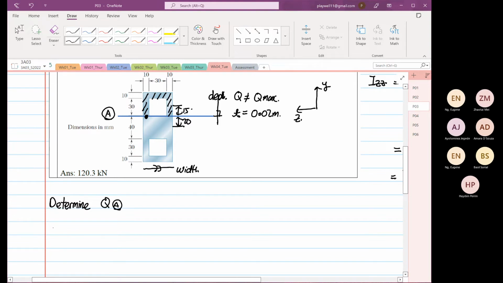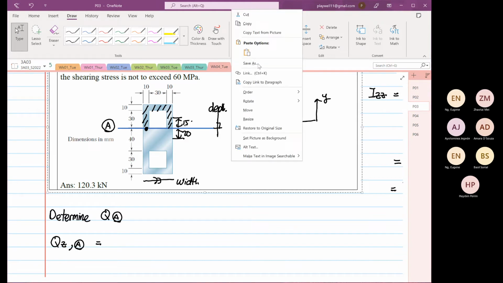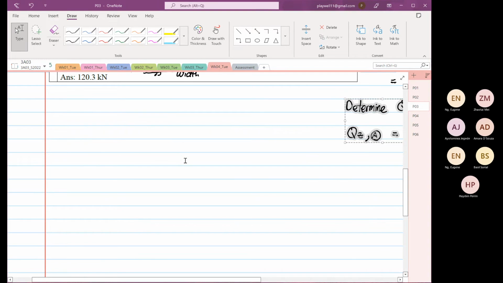So QZ at point A is equal to... I'm going to divide this in such a way that, what I'll do is copy and paste this diagram again.